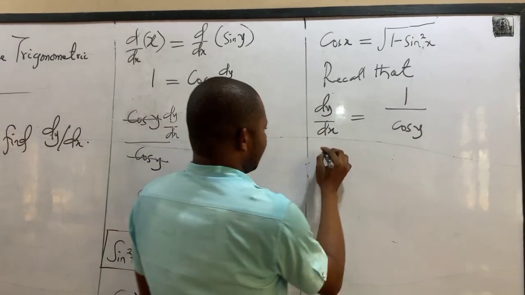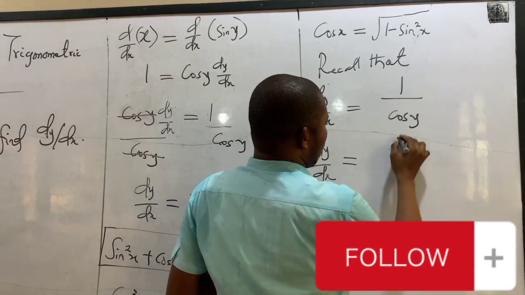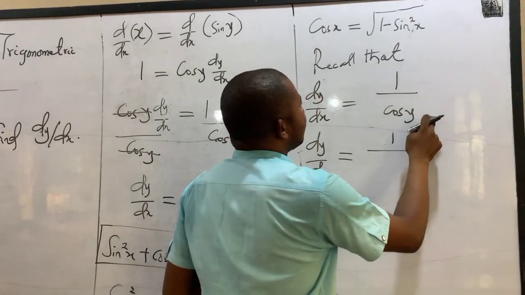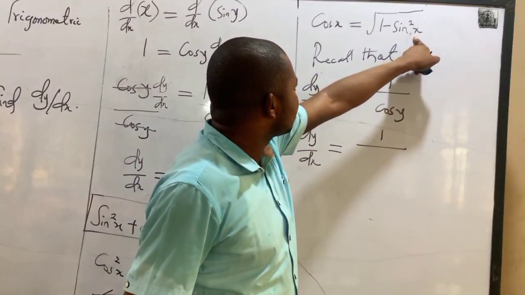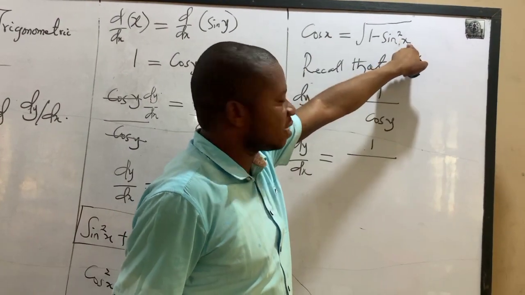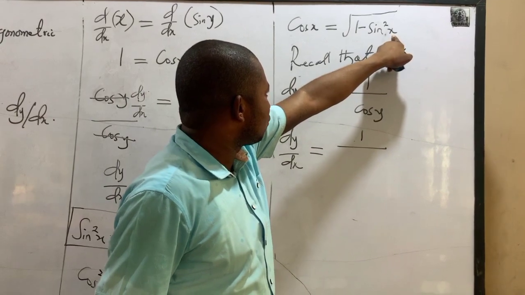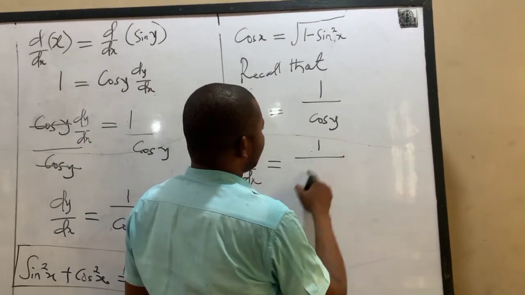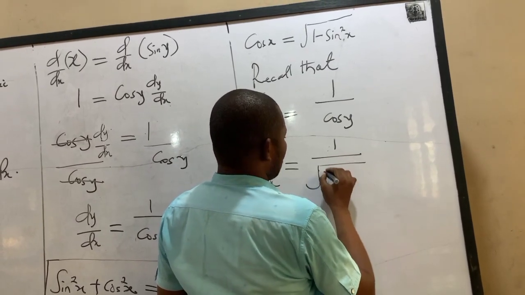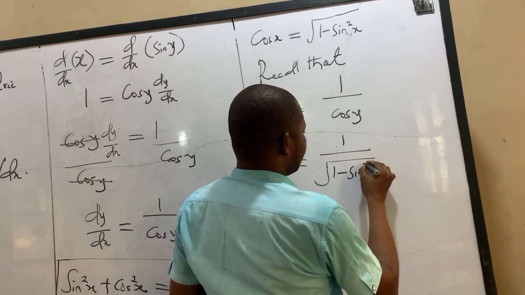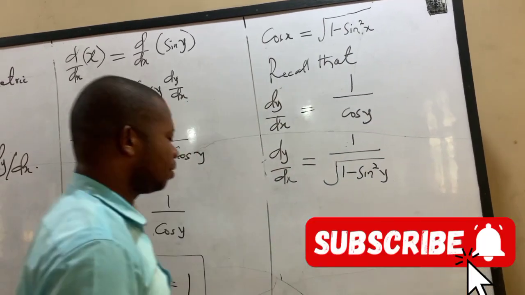Cos x gives us this because we are dealing with x. Here we are dealing with y, so this place is going to be y. So that is equal to 1 over root of 1 minus sine square y, instead of square x.